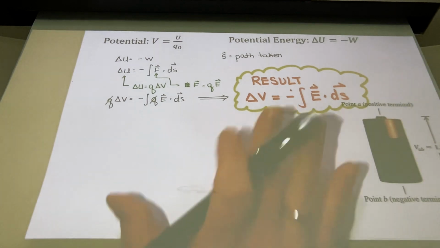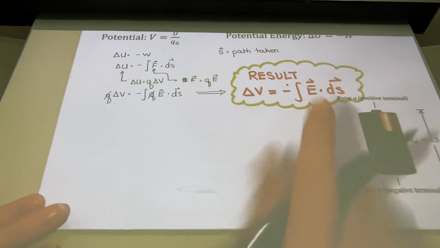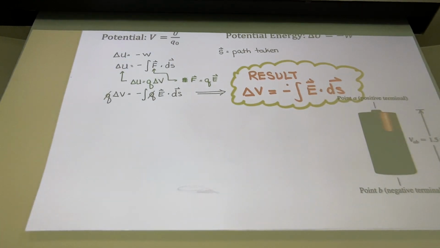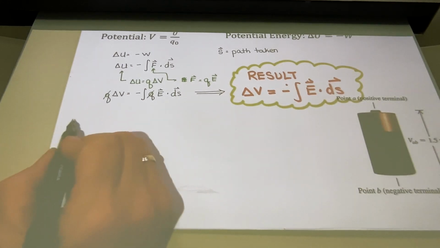Okay, so let's start looking at this equation and seeing what all the different bits of the equation tell us, because it's all really pretty important physics. The first bit would be a simplification. If you had a case where your electric field was constant, then the integral of E dot delta S would just simplify to E times delta S. So an integral of E over the path would just be E times the change in the path.